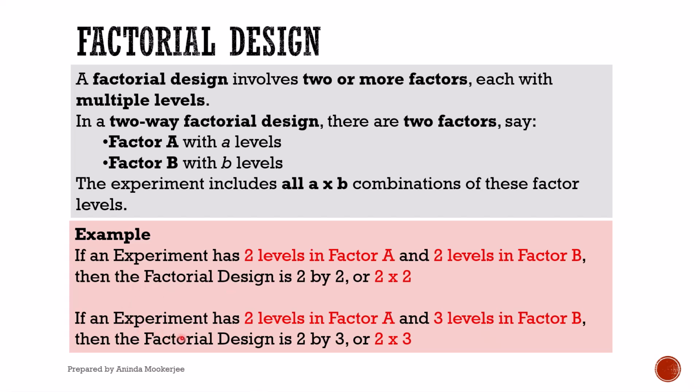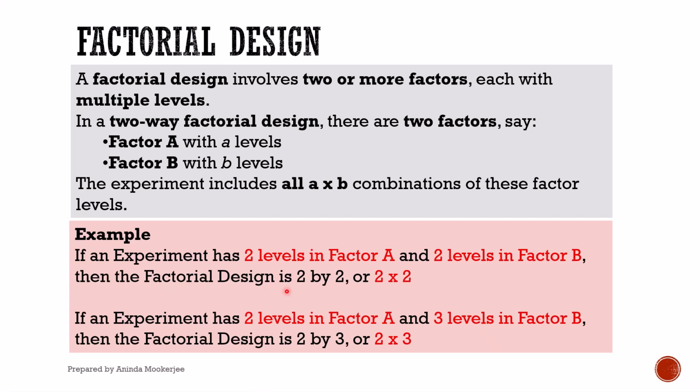Likewise, if an experiment has 2 levels in factor A but 3 levels in factor B, then the factorial design is described to be a 2 by 3 structure of the experiment. And 2 times 3 would tell us that there are 6 cells in the matrix that we form with the two factors.